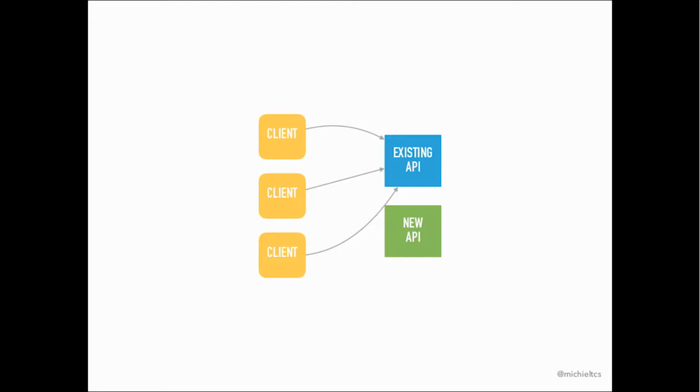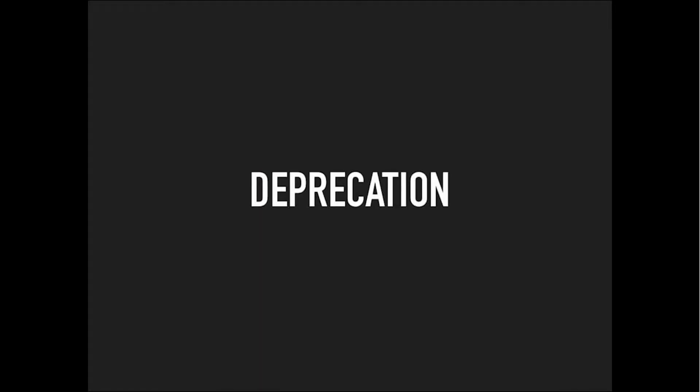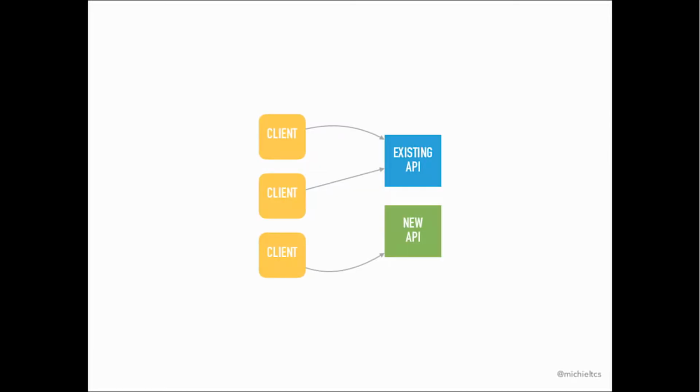We don't break existing things. We only add. And then we start deprecating the old API. And we say, okay, every client, every piece of code that interfaces with that old API needs to switch to the new API, one by one, until nobody talks to the existing API anymore.